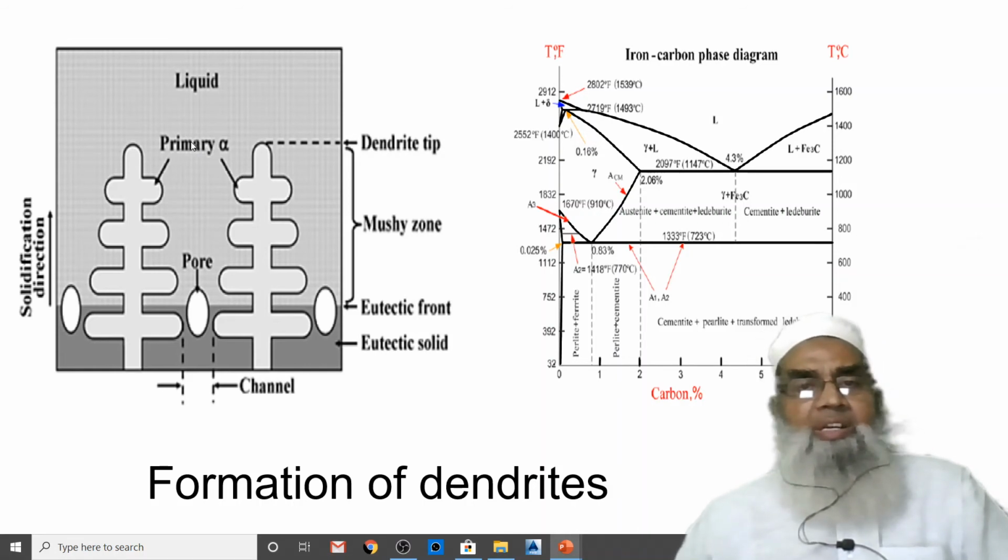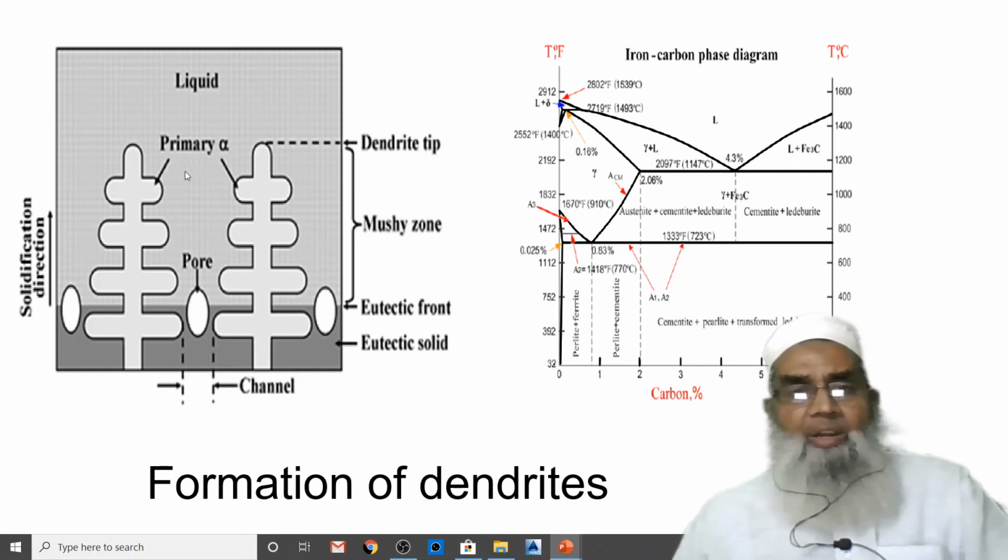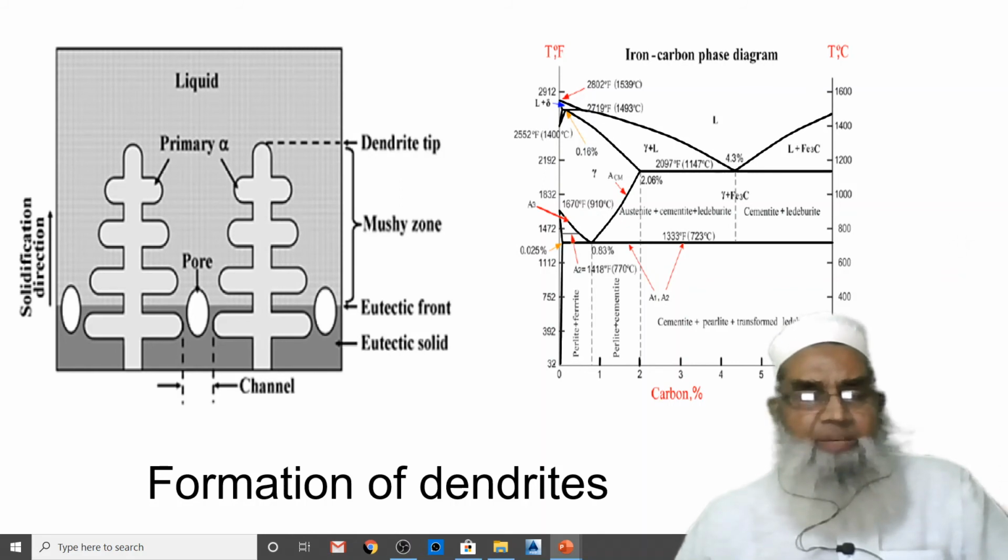As the concentration has increased and the solidification temperature has decreased, in the liquid itself nucleation will take place, and formation of solid will take place, causing precipitation and forming a grain.